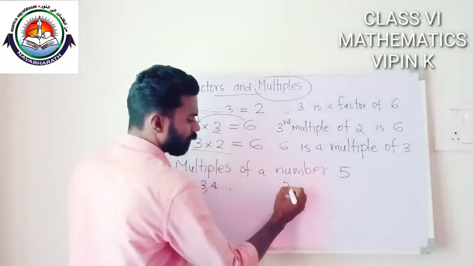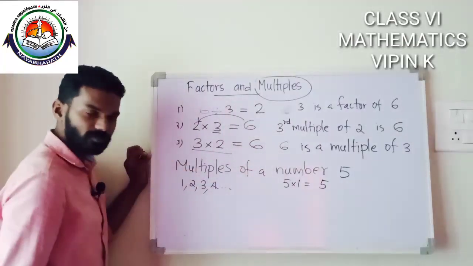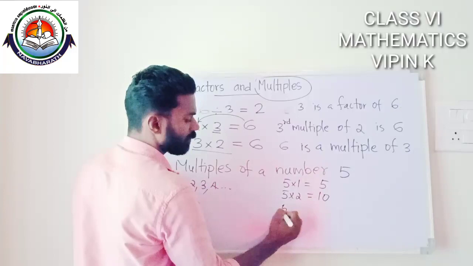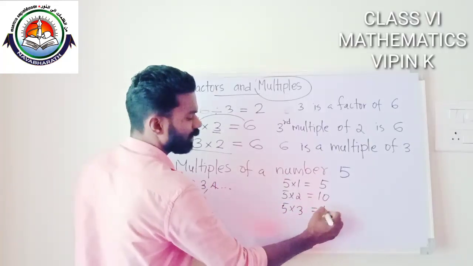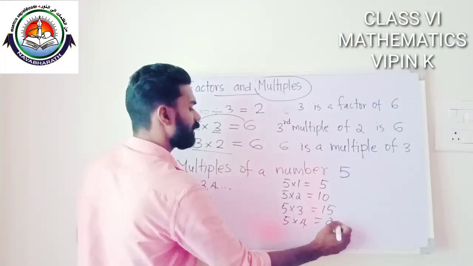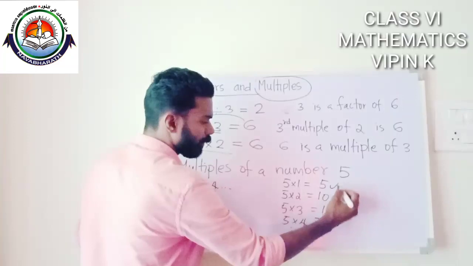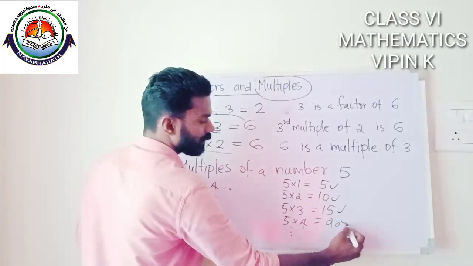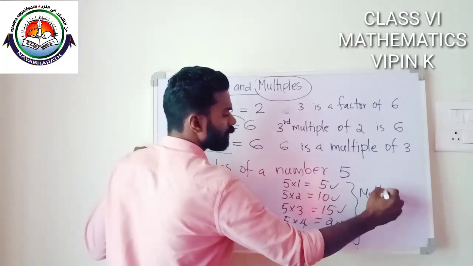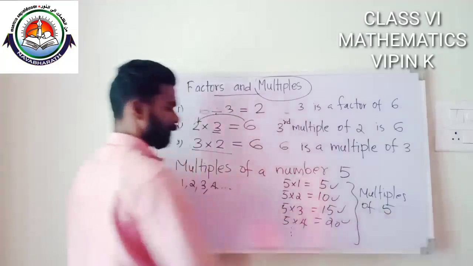Which means 5 into 1 is 5 itself, 5 into 2 is 10, 5 into 3 is 15, 5 into 4 is 20, and so on. These numbers 5, 10, 15, 20 are all called multiples of the number 5.